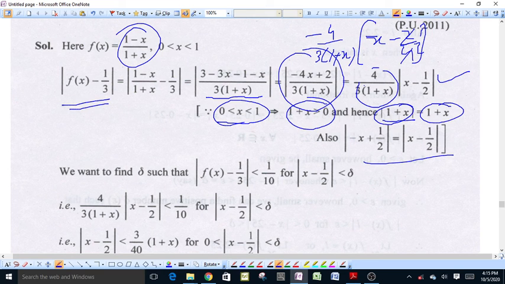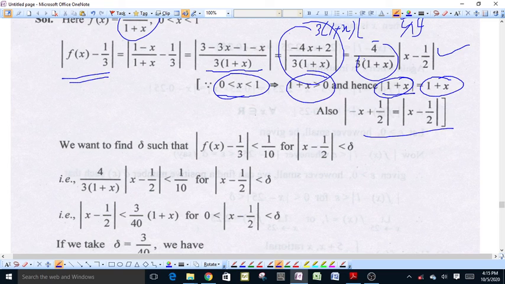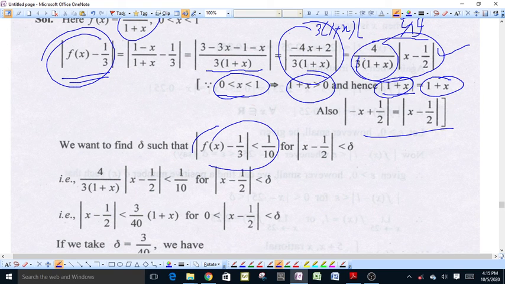We have to find delta such that this |f(x) - 1/3| is less than 1/10 whenever |x - 1/2| is less than delta. Now |f(x) - 1/3| is equal to 4/3 into 1/(1 + x) into the modulus of x minus half.